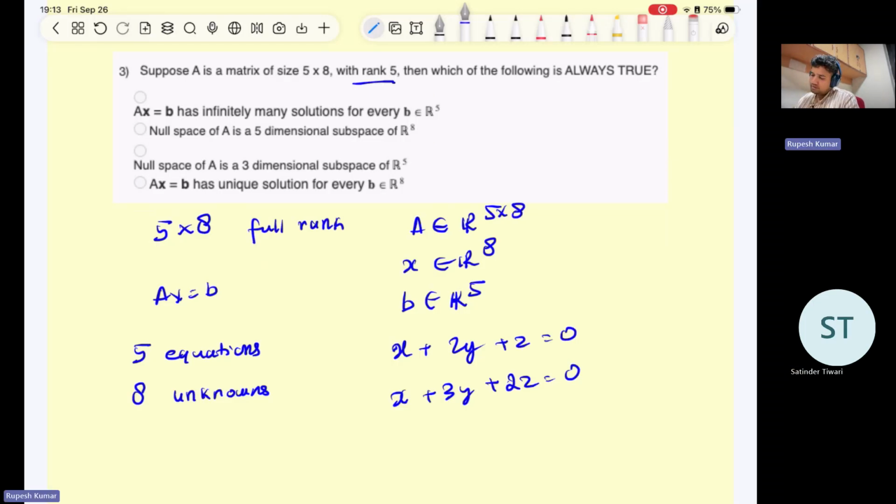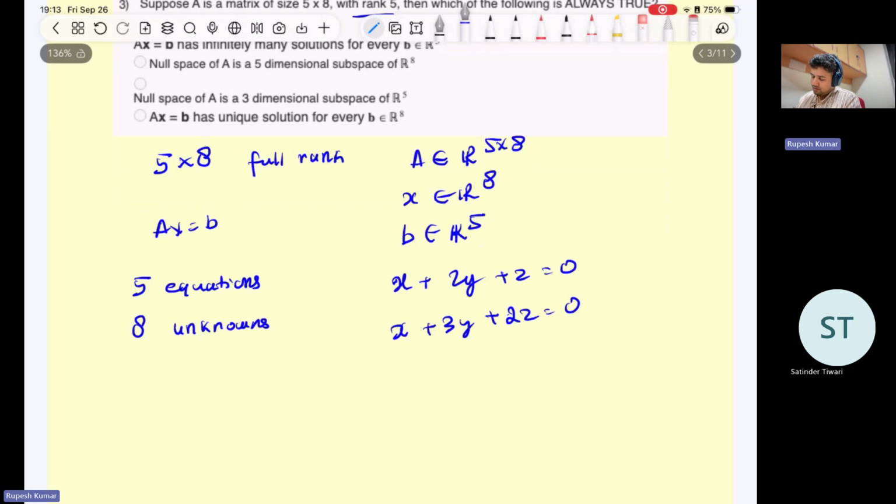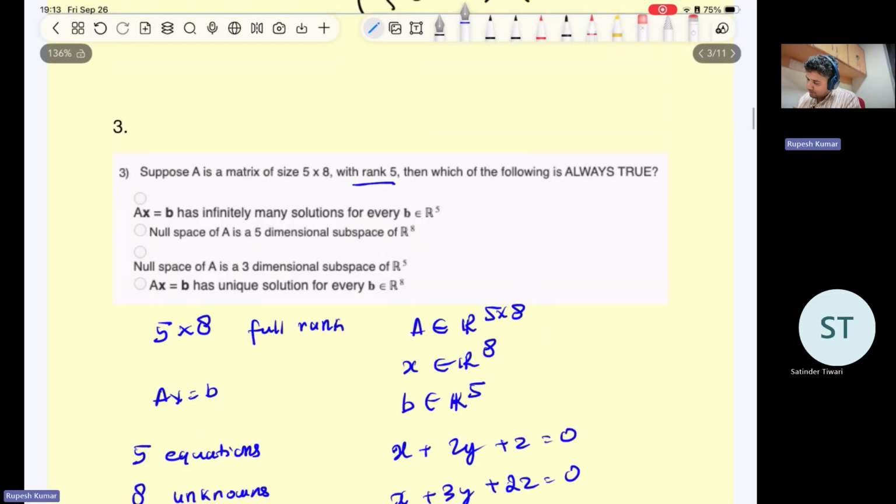Okay, think of it like this, right? You have eight columns here, summation alpha i, column i, i goes from 1 to 8, and each column has dimensionality R5.